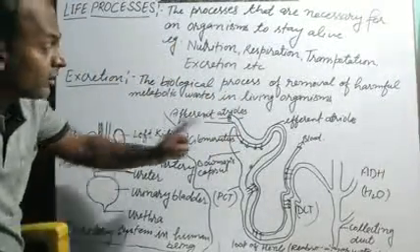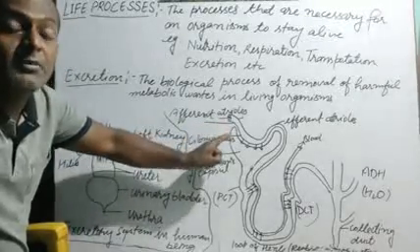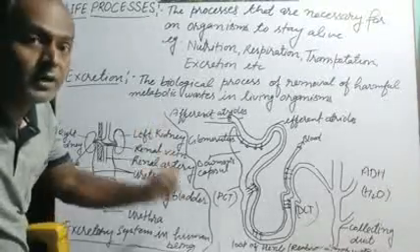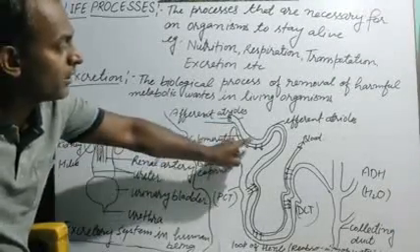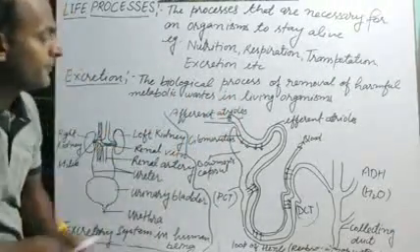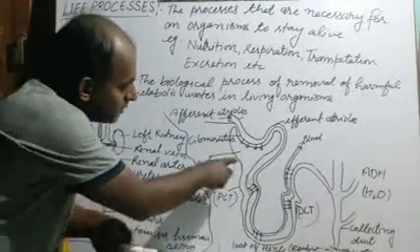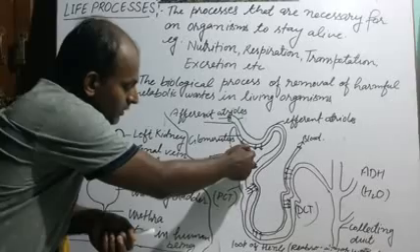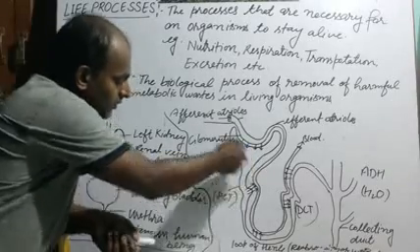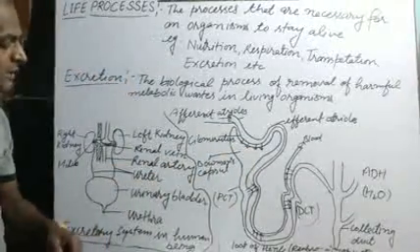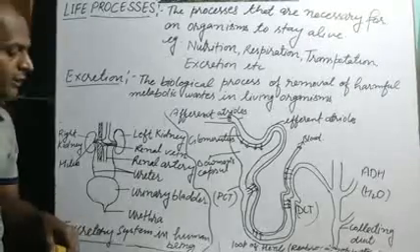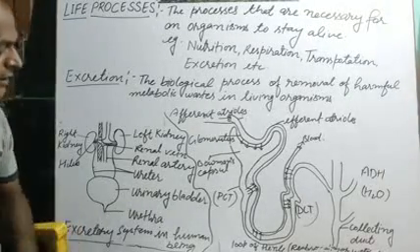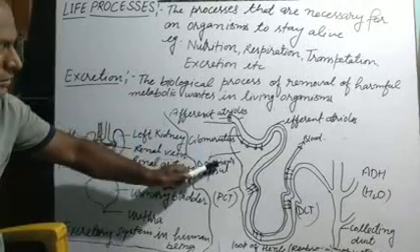Simply, in 1 minute 125 ml of blood is filtered. Means in one day 80 liters of blood is filtered. From this portion there is ultrafiltration of water, dissolved salts, urea and useful foods like glucose and amino acids.